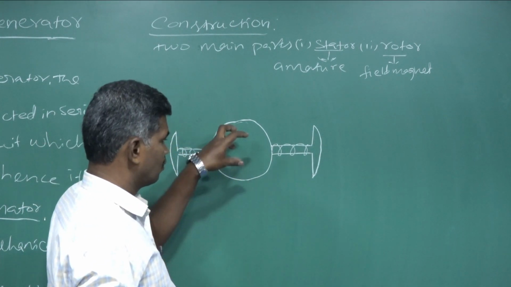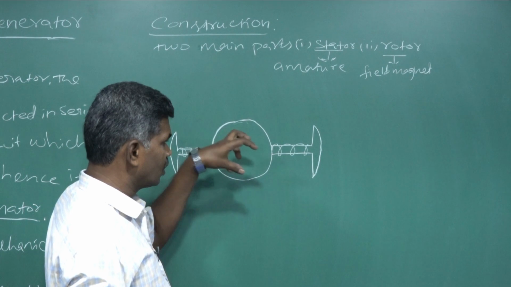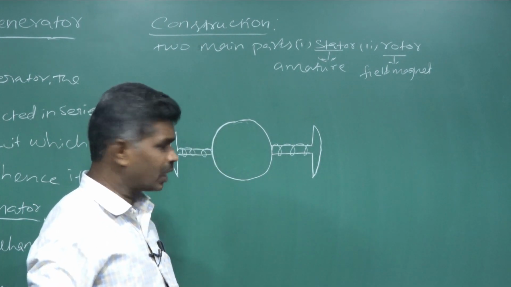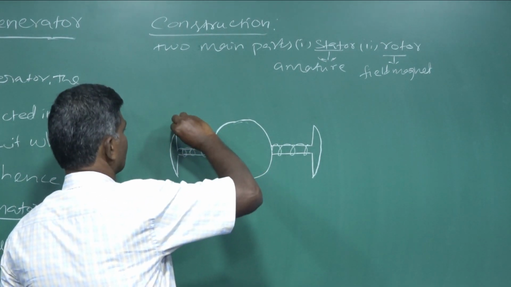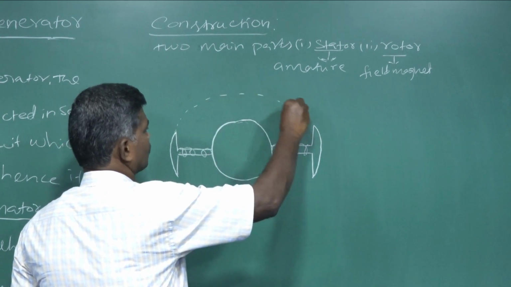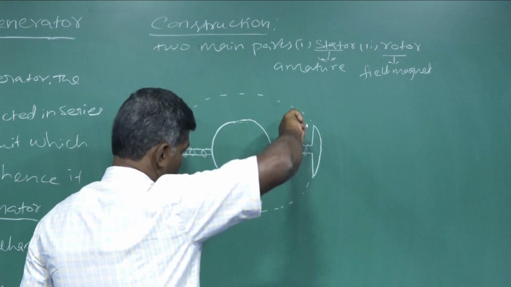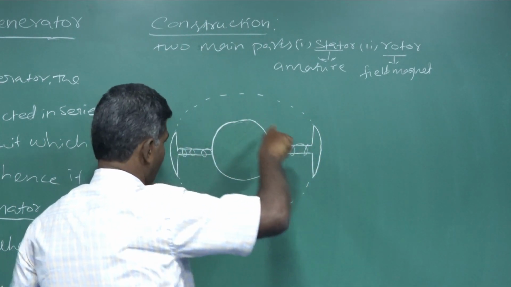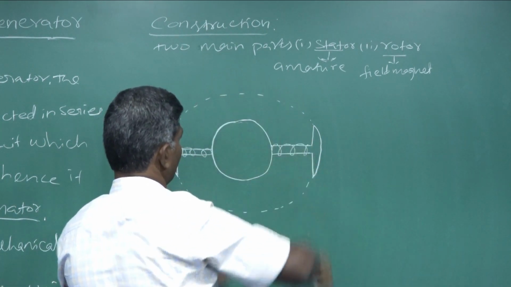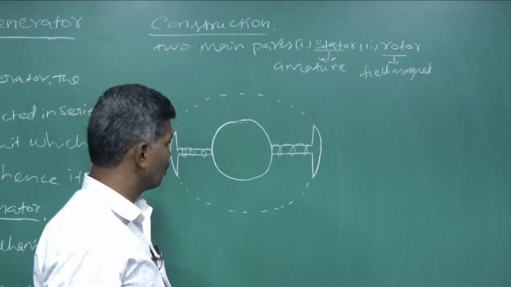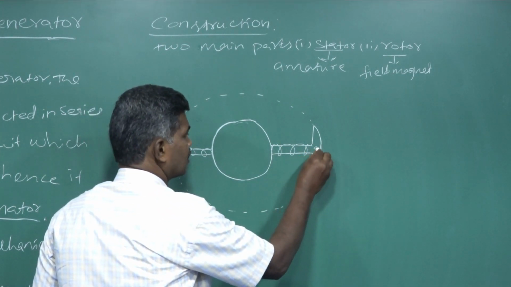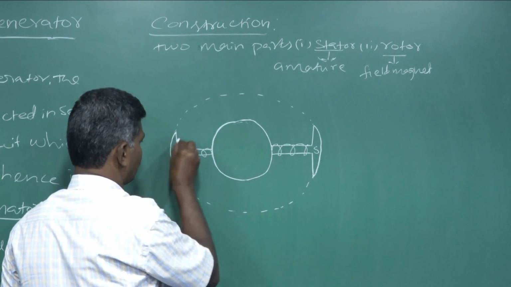That field magnet acts as the rotating part. It is going to rotate in this direction, which is why we mark it with a dot. Anyhow, this is taken as the south pole and this is the north pole.